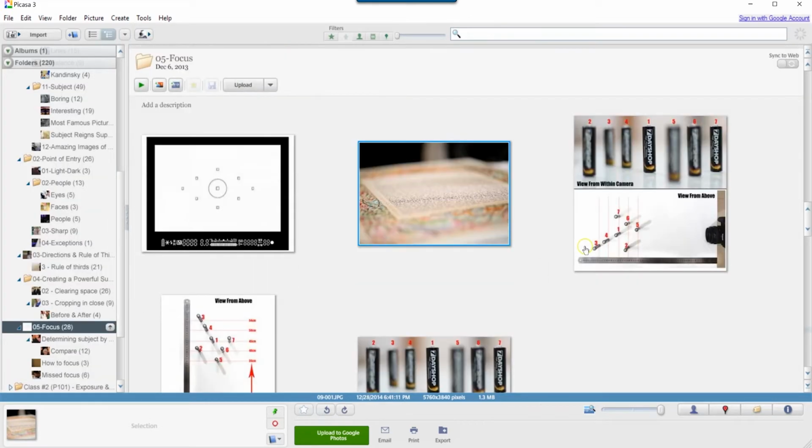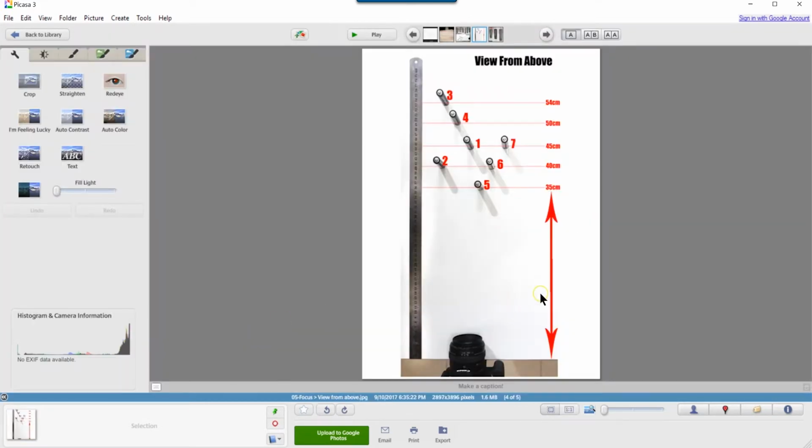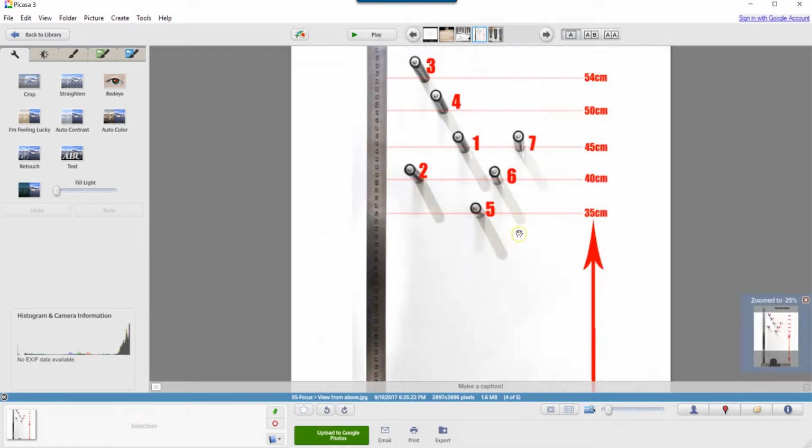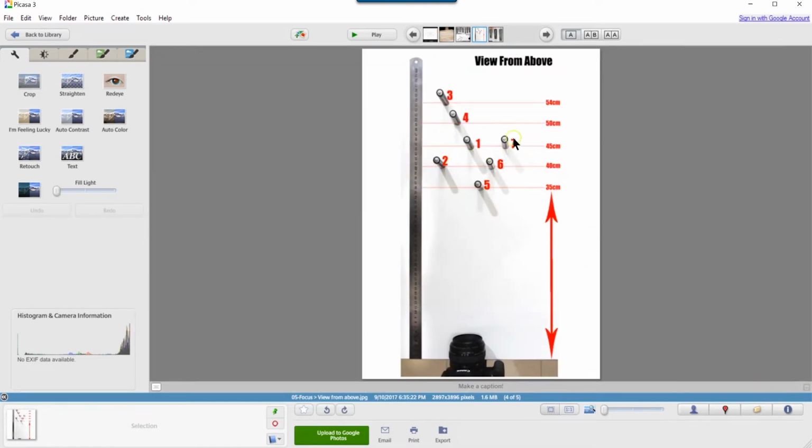So now, we created a scenario. This was the scenario we created. I put the camera down on the table, and here's a ruler that will show you how close the batteries are. I stood up all these batteries, and they were at different distances from the camera. I focused on battery number 1.